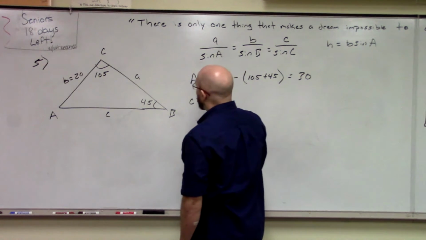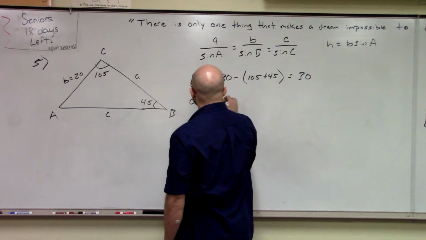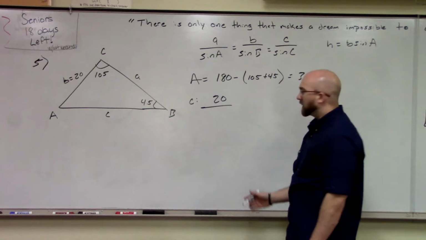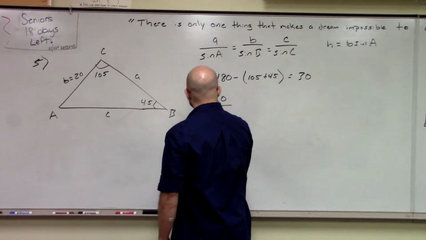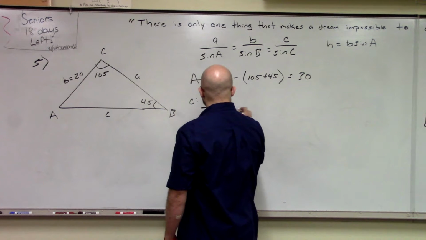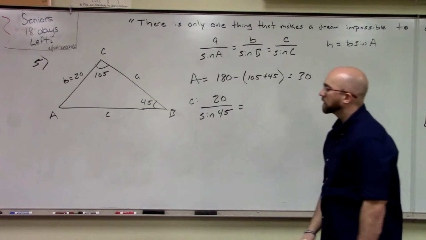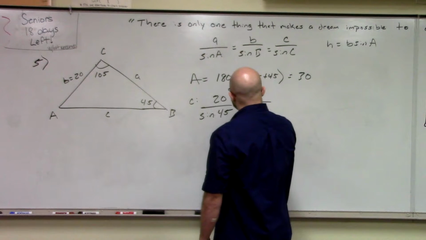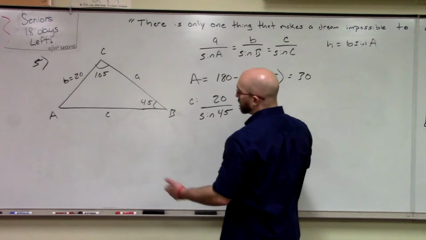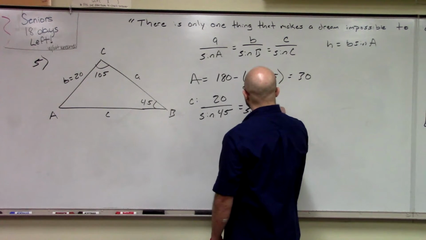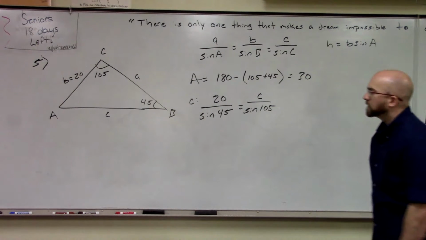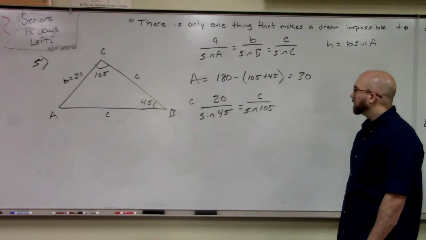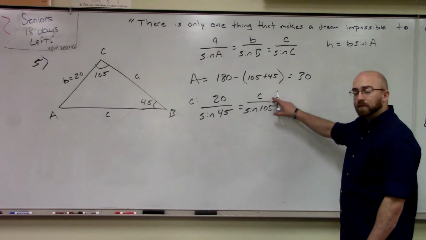So if I plug it in, I got 20, because that's our size for small b, equals sine of 45, because that's our angle there. So then that equals little c, that's what we want to find, over sine of 105. So that's what we get, cross multiply. Or you don't even need to cross multiply, I need to get c by itself.